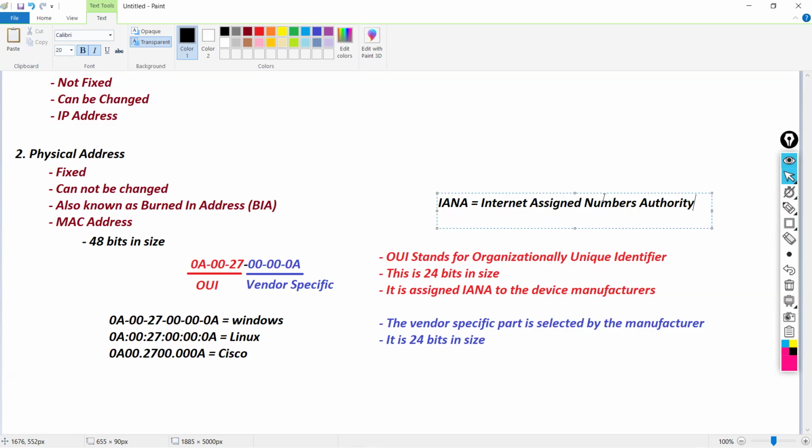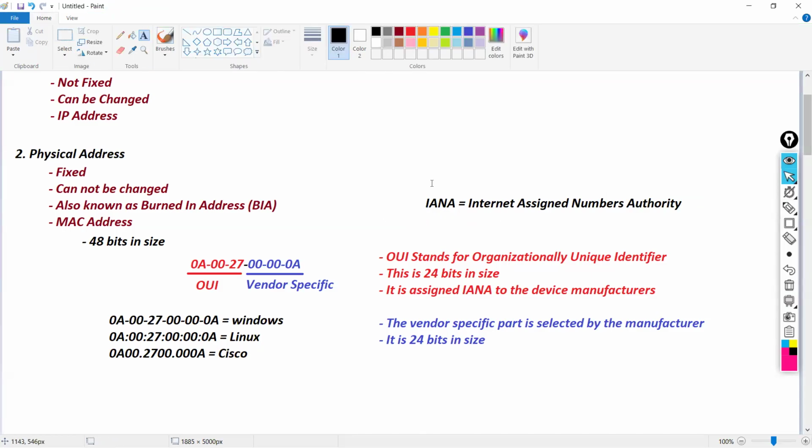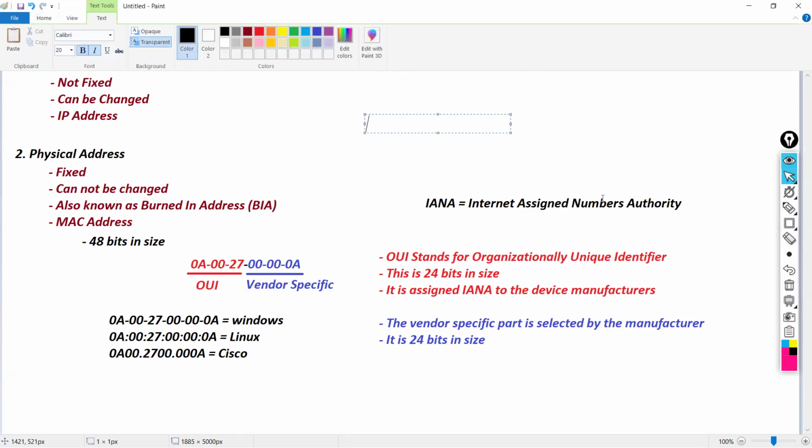So whenever a device manufacturer wants to manufacture devices, for MAC addresses they will contact INA, and INA will assign them the first 24 bits. So let's say I am requesting INA for addresses, and INA gives me this part.